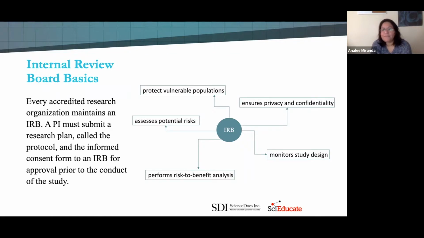So my frequencies of operation were between 800 megahertz and about 2 gigahertz. So that's around the cell phone ranges for frequencies. But I tried to keep the entire bandwidth, and I'll talk a little bit about why I made that choice in a little bit. The IRB also monitors the study design, and they ensure that the researcher performs a risk to benefit analysis. That's, again, really important. Okay.